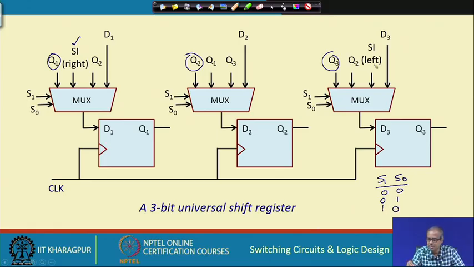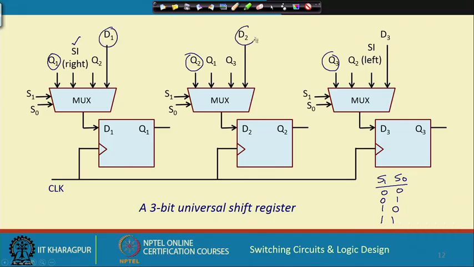Here the serial input left is fed here, Q3 is fed here, Q2 is fed here. This is shift left, and 1 1 is parallel load. You see D1 is fed here, D2 is fed here, D3 is fed here. From outside, data will get stored. Okay. So, this is how you can design a universal shift register.